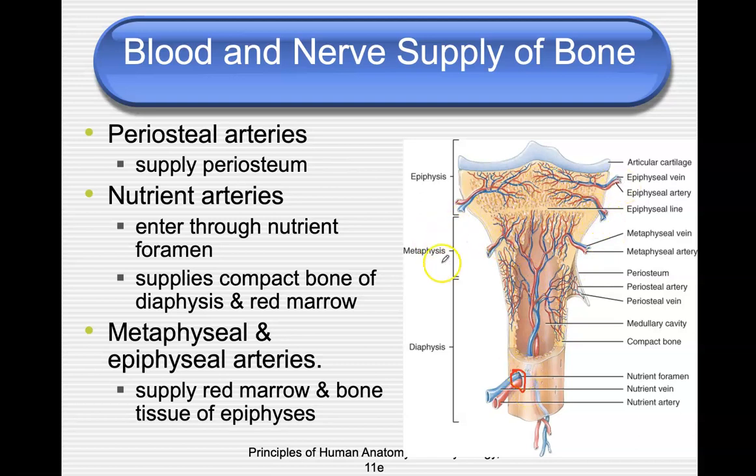Remember your metaphysis is in between the diaphysis, your shaft, and your epiphyses. So your metaphyseal arteries come in to supply nutrients to that area, and then your epiphyseal arteries come in to supply the epiphyses.